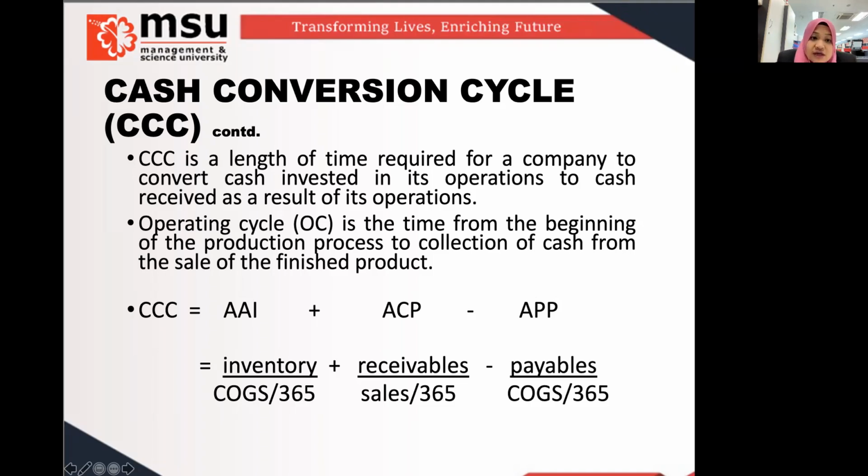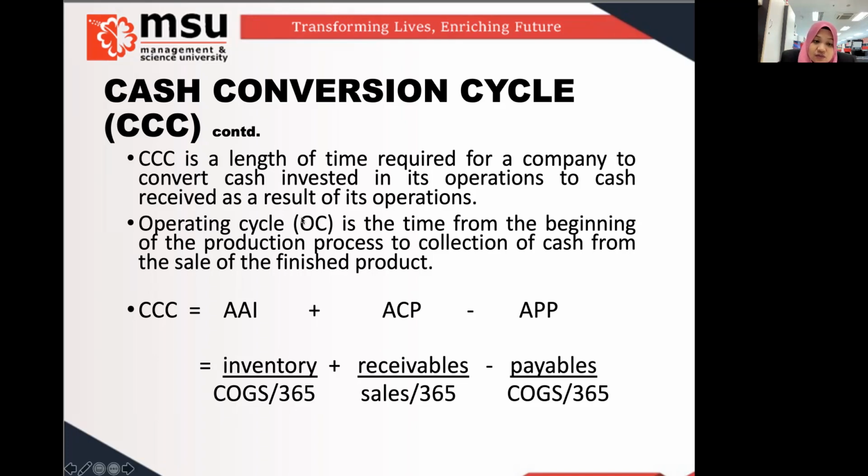Cash conversion cycle is the length of time required for a company to convert cash that has been invested in its operation to cash received as a result of its operation. The operating cycle is the time from the beginning of the production process to collection of cash from the sale of the finished products.